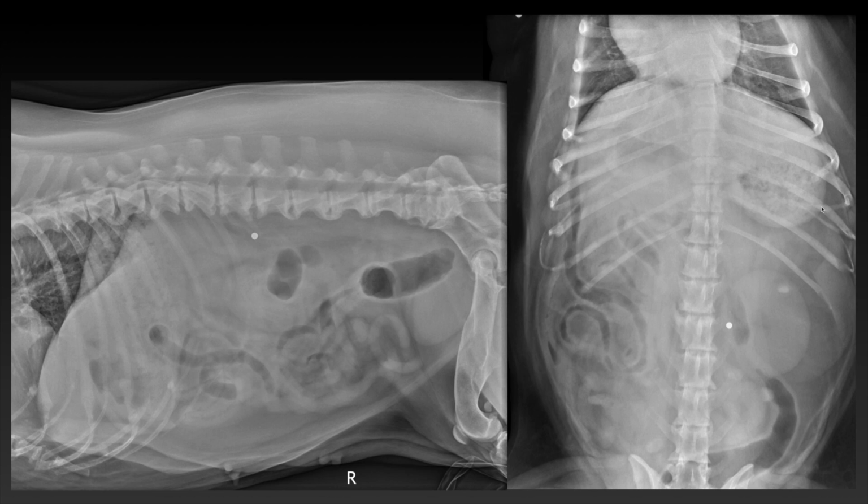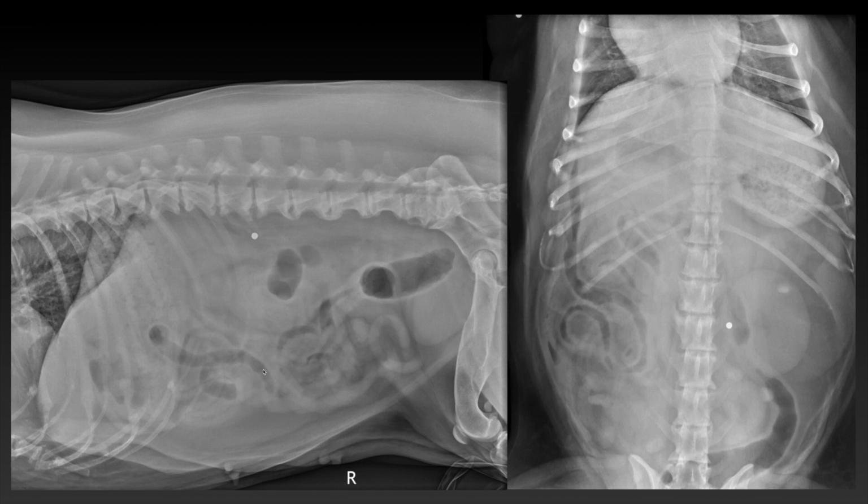So if we follow the gastric contour, it can be nicely delineated here, and then it becomes blurry. And although the stomach contains some gas in this region, I cannot delineate the wall properly. And also the intestines in this region are really difficult to delineate. So there's a focal loss of serosal detail in the right cranial abdomen.